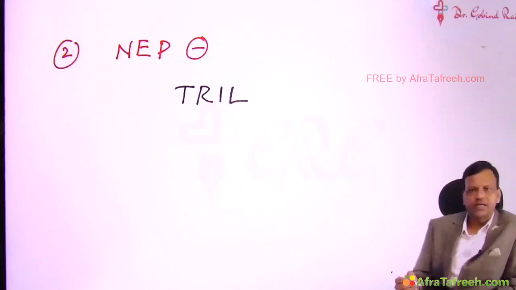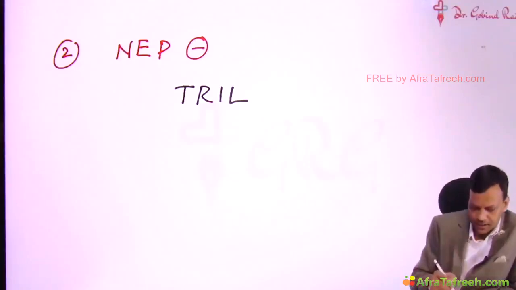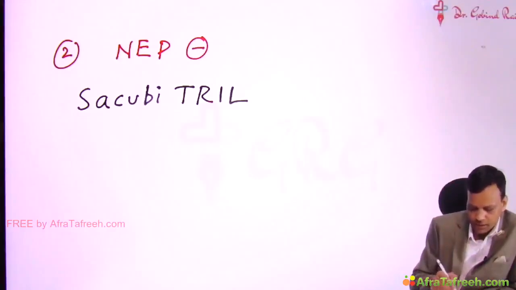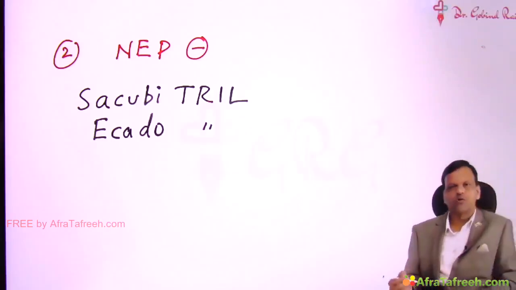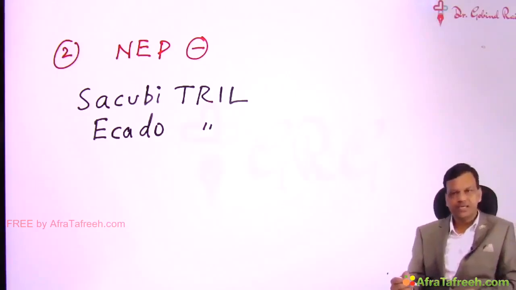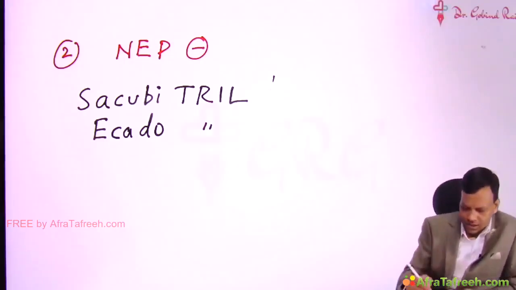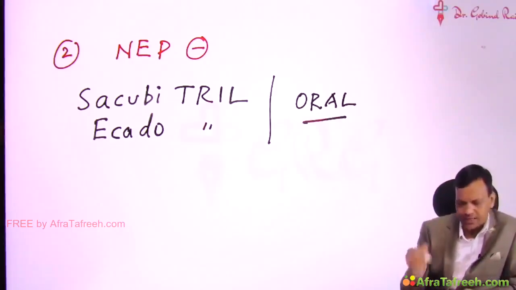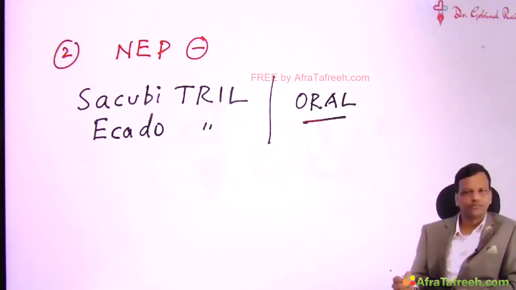Similarly, trills inhibit NEP. The examples are sacubitril and icadotril. Remember, prill inhibits ACE and trill inhibits NEP. Now, these drugs are effective orally. Nesiritide was injectable, but trills can be given orally.